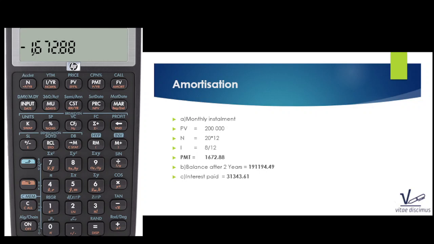To calculate the balance after 2 years, and the total interest from period 1 until period 24, we have 12 months in the first year and another 12 months in the second year, so it becomes 24 periods.